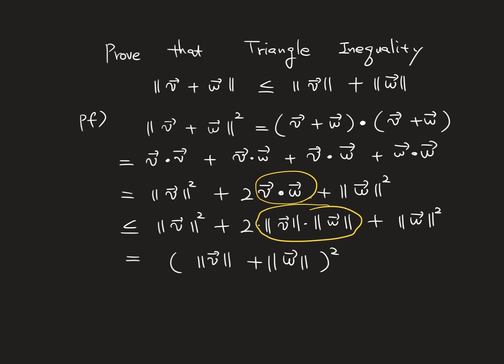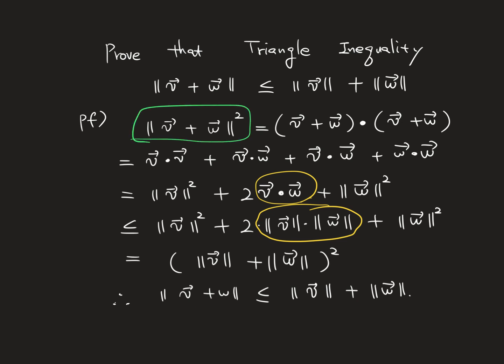So if we take the square root of both sides, we can get this inequality, I mean the triangle inequality, using Schwarz's inequality. But I think you should remember this first line, because a norm square is just the dot product of itself.